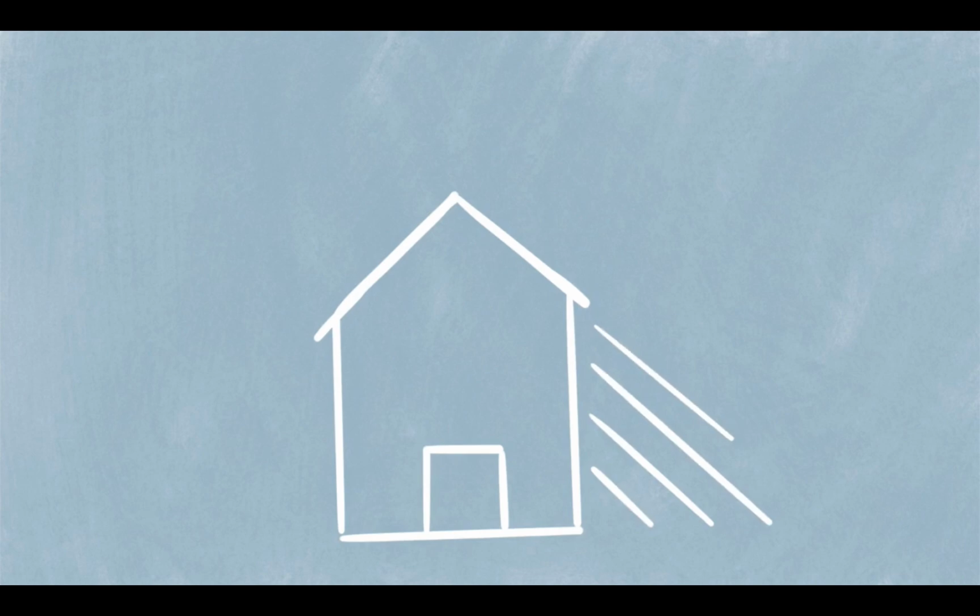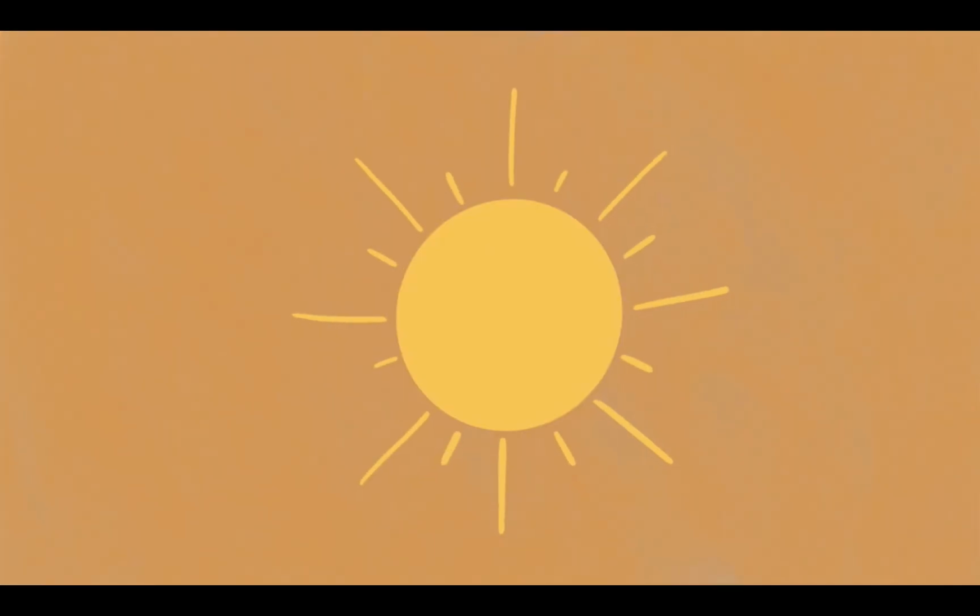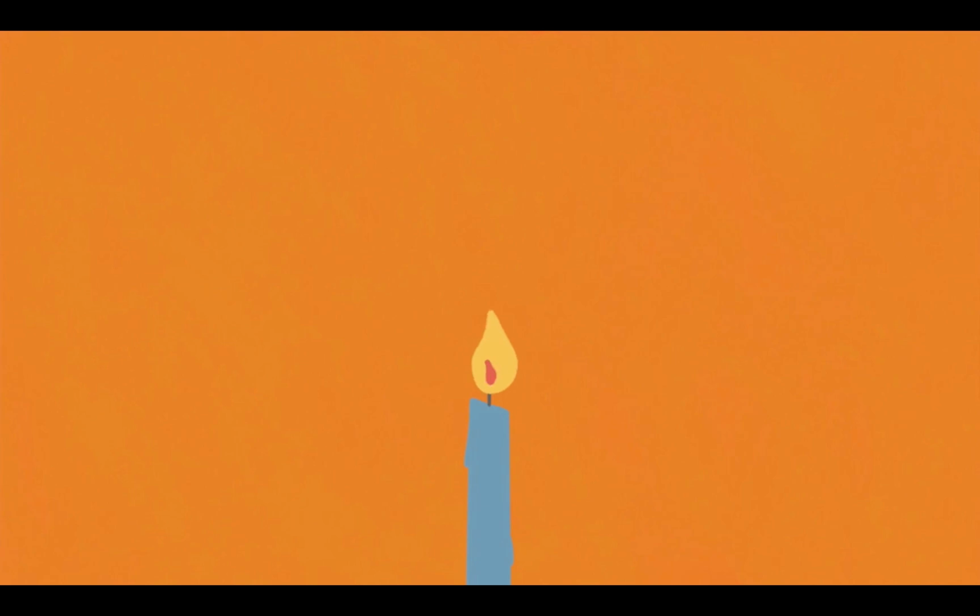The color of light in the shade is a cooler blue. The color of light on a cloudy day is just a little bit warmer. The color of sunlight at midday is even warmer than the cloudy day. But as the sun sets, the color of light gets really nice and warm. The glow of a candle, though, it's warmest of them all.